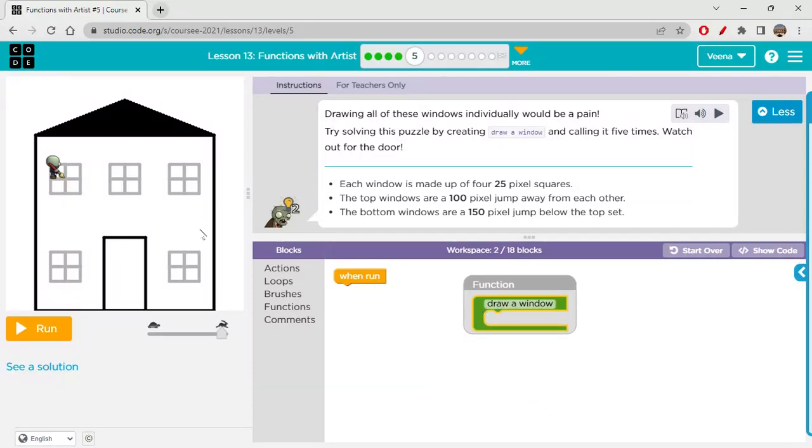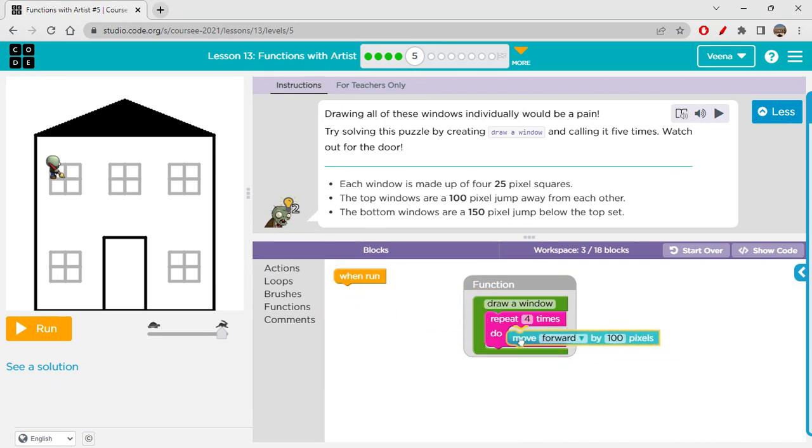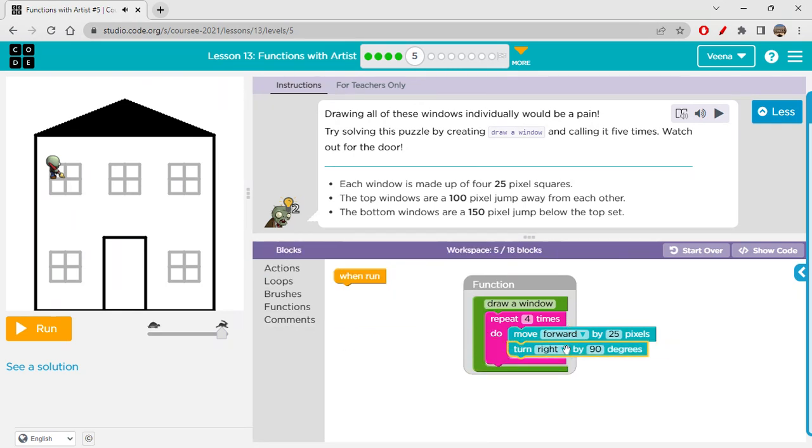Let's see how to draw this. First, we have to loop 4 times. What is it we have to loop? Move forward by 25 pixels and turn right by 90 degrees. So what does this do? It will draw one square.